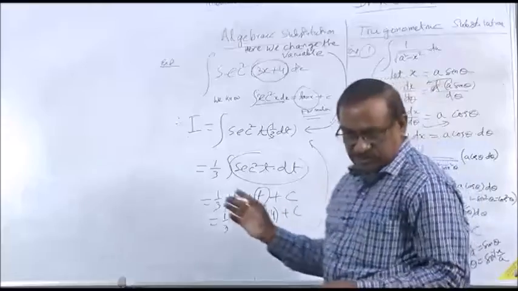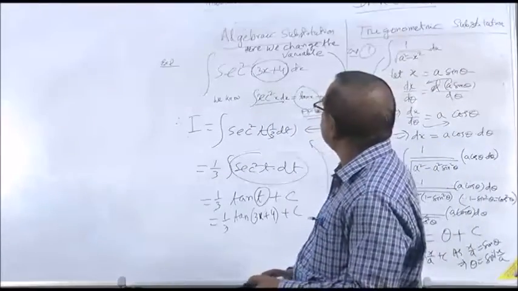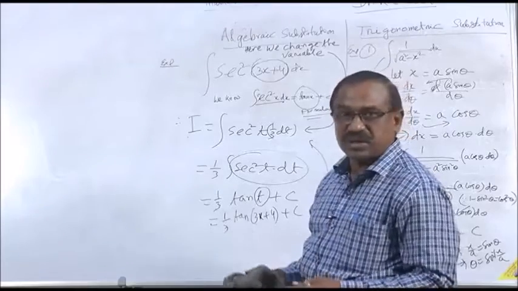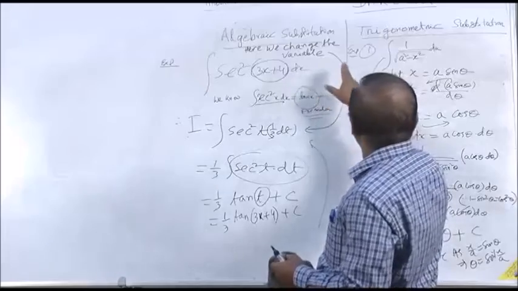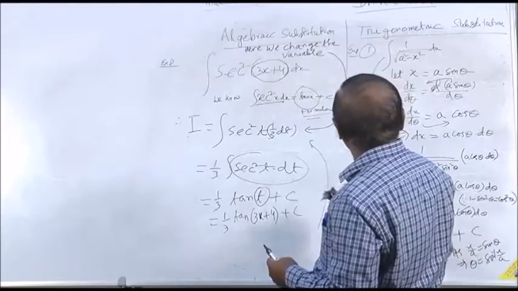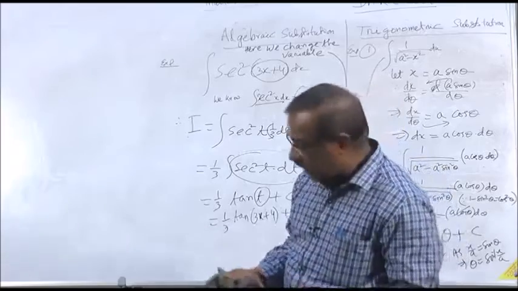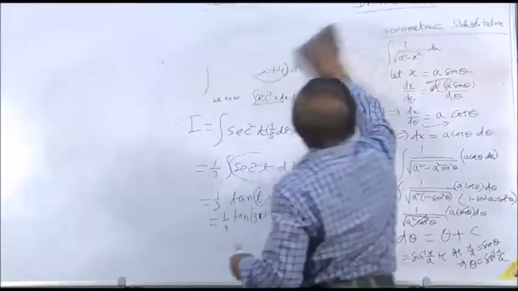So we have seen the integration by the substitution method, which is divided into two parts. One is algebraic substitution and another one is trigonometric substitution, and here also we have taken examples. Now we shall read about another method, that is integration by parts.